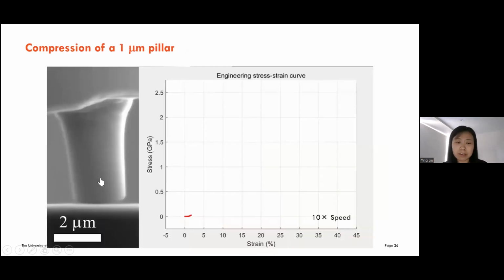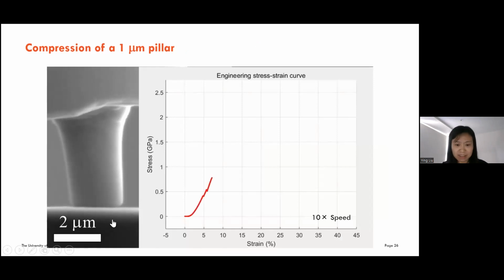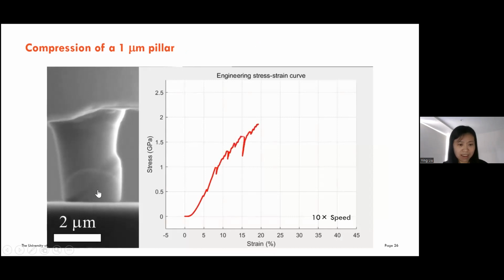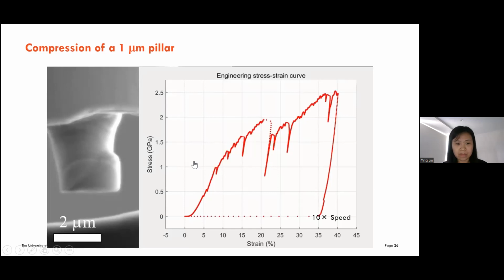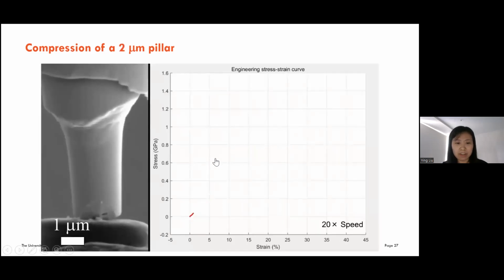Then we went to a pillar of bigger diameter, and here is a 2 micrometer diameter one. We can see it also shows severe plastic deformation. Here is another example of plastic deformation in the big pillar.